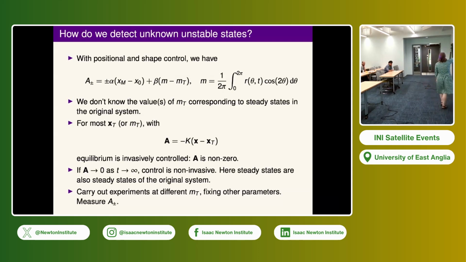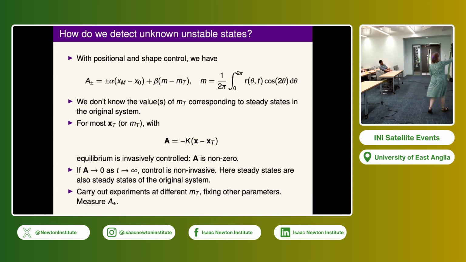So if we pick a general target shape or a target measure, and we set A is equal to minus k times x minus xt, what I want to argue is that most of the time A is going to be non-zero. So we're supposing that we've got a good enough stability that it's going to reach some kind of steady state. Okay.